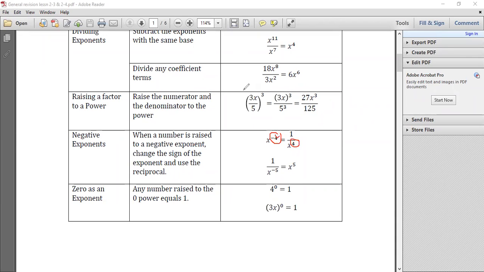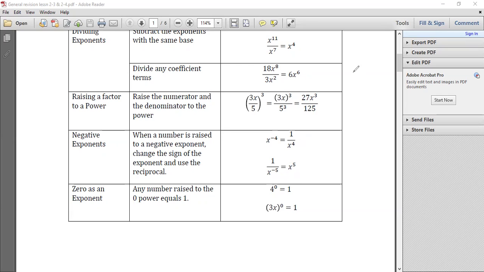Then x to the power of negative 4 equals 1 over x to the power of 4. What if you already have 1 over x to the power of negative 5? I want to change the negative exponent to become positive. So we remove the negative, and it becomes x to the power of 5. Thank you, Jim. Yes, exactly.